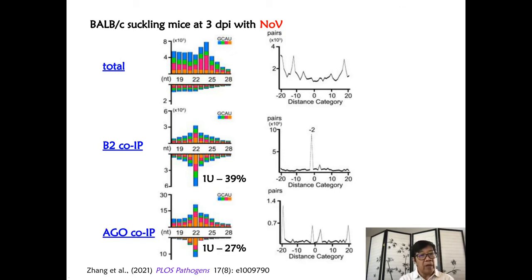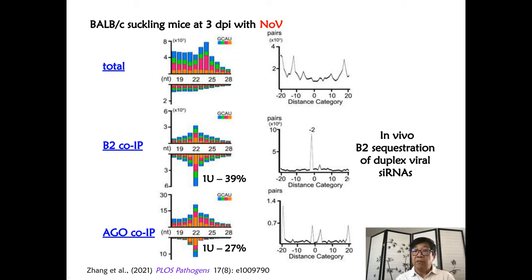However, if you look in the Argonaute IP population, viral siRNAs are very rare, low abundance, in the wild-type virus infected suckling mice. So this indicates that B2 binds duplex siRNA, and this B2 binding prevents the duplex RNA from being loaded into Argonaute.